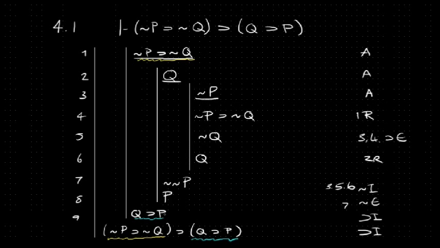So on line 9 we get Q then P from 2 to 8, and we get not P then not Q then Q then P on line 10 from 1 to 9.